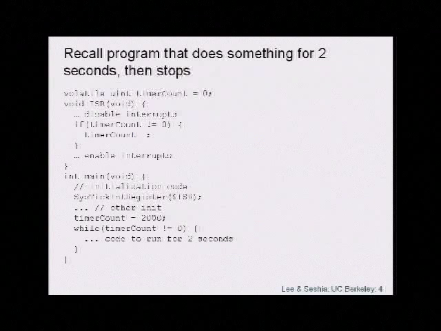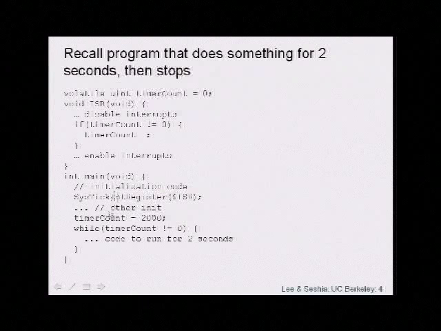So let's go back to the problem we looked at last week on Tuesday, and see if we can use these ideas of asynchronous and synchronous composition to reason about this program. If you recall, here we have a main program and an interrupt service routine, an ISR, and they both share the same variable timer count.